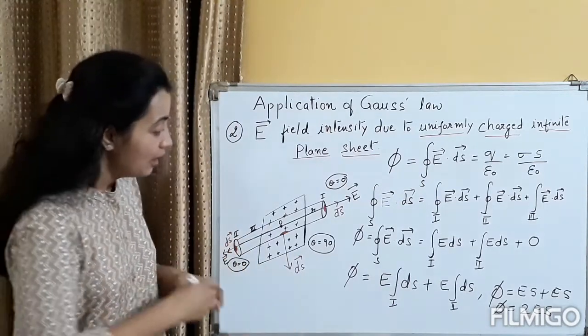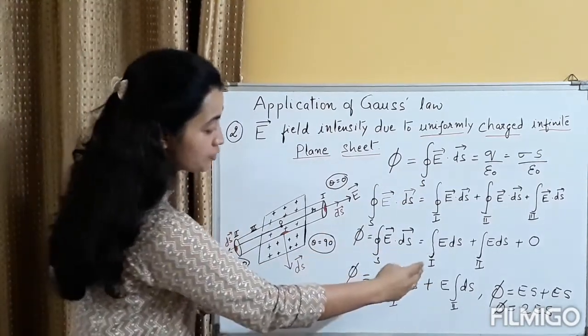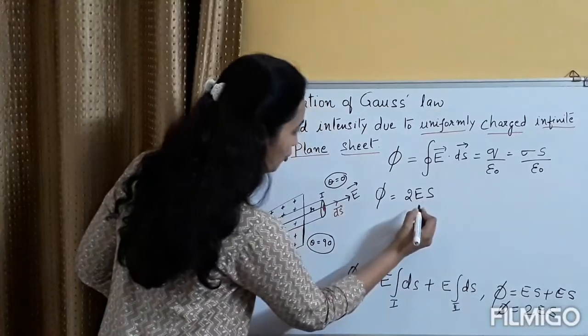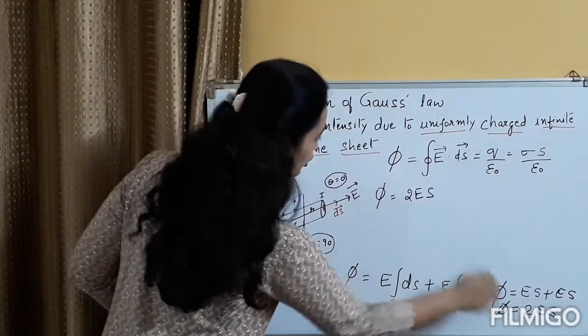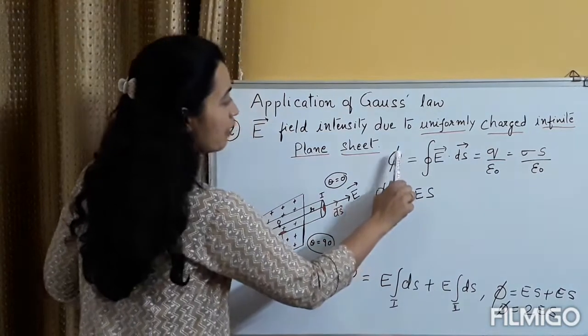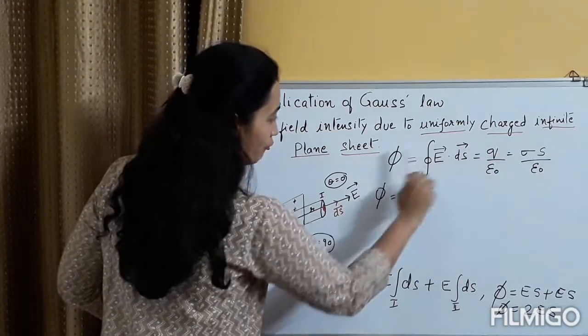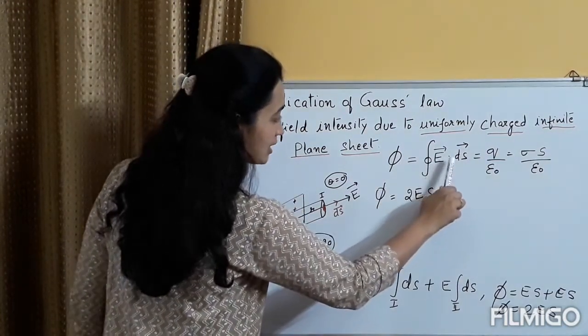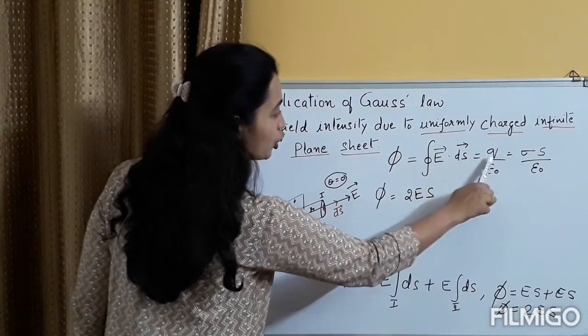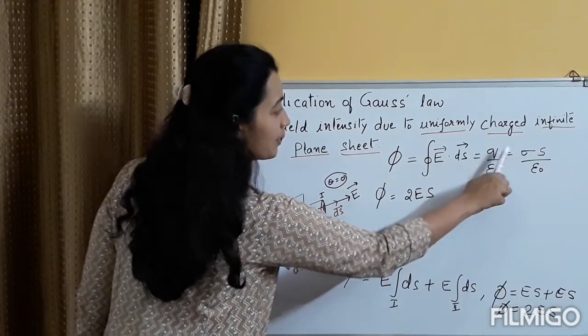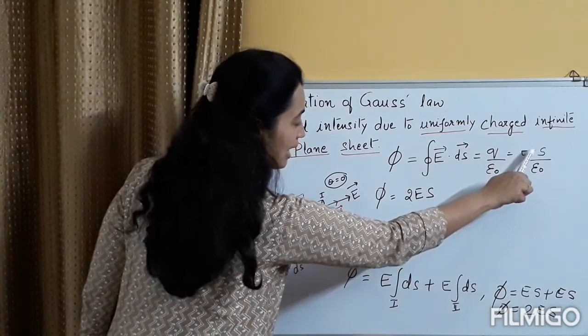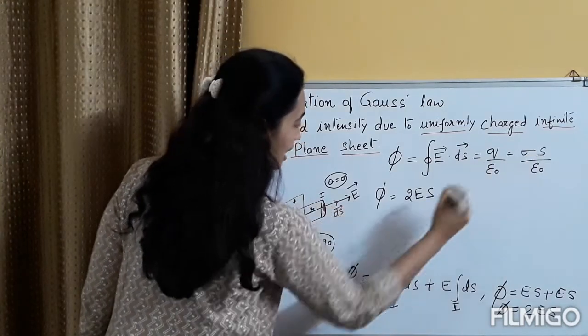Moving further with the derivation, we got phi equal to 2 times ES. Now phi, we have arrived at the conclusion, is equal to the integral of E dot ds, and this is equal to Q by epsilon naught. And Q by epsilon naught we will write straight away as sigma S upon epsilon naught.